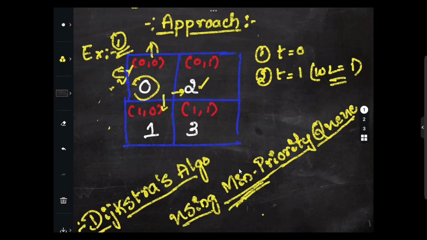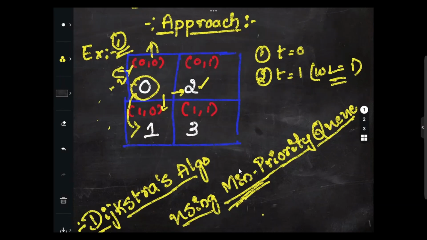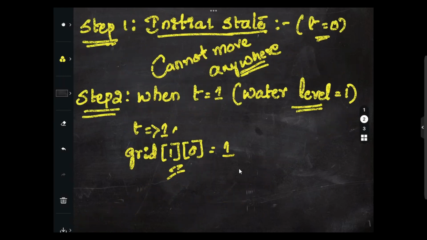Water level is 1. We can move to 1, 0 here. You can clearly see when water level is 1, we can move to 1, 0 because grid of 1, 0 is 1. We know that 1, 0 we are considering, right? Grid of 1, 0 is 1 and time is also 1. Water level is also 1, time equals 1.